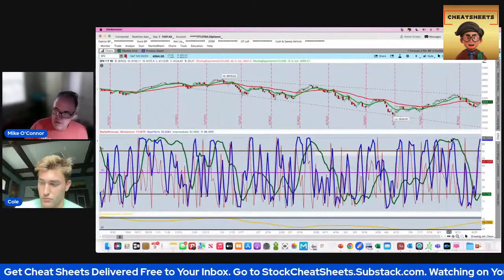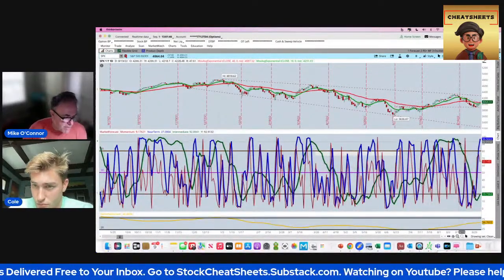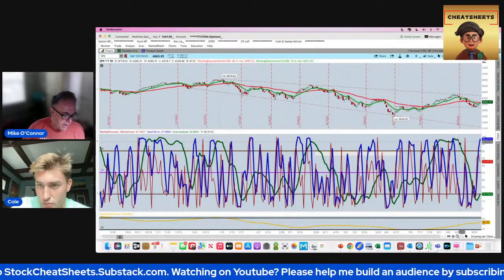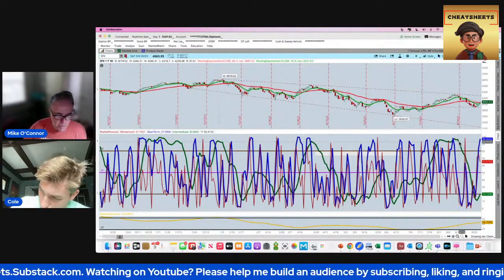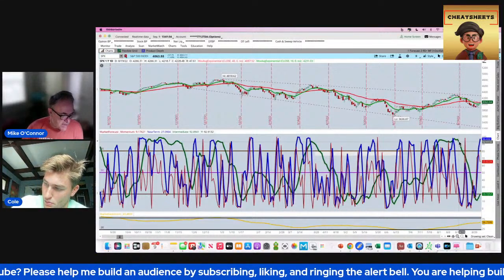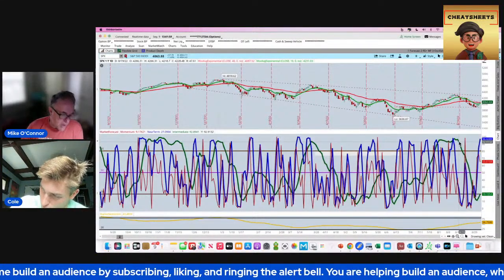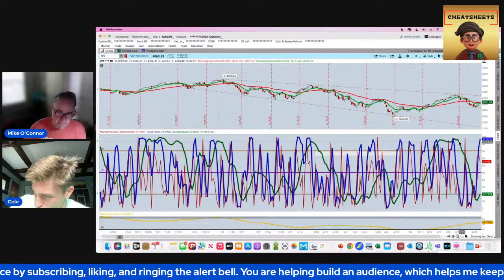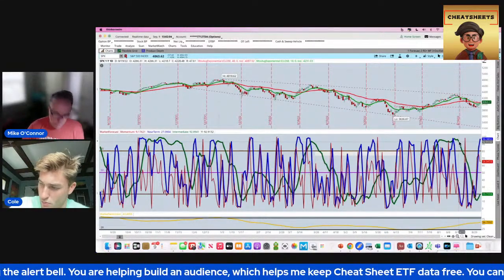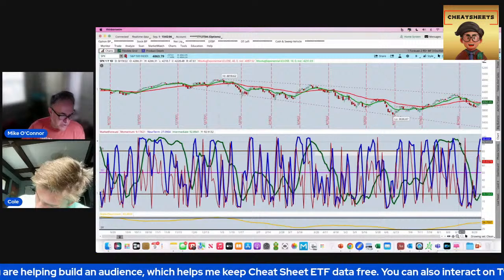Well, first of all, the green line as an intermediate forecast is sort of giving you the way the wind is blowing in the weeks to a couple of months time frame. And the market sentiment line is giving you that same reading in the couple of months to a couple of years time frame, right?